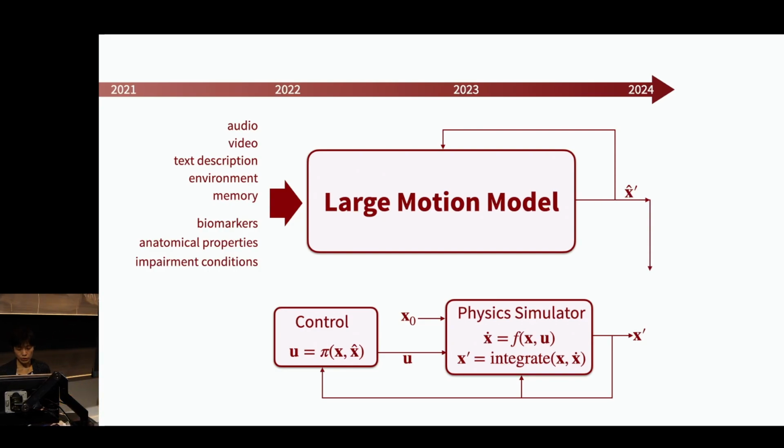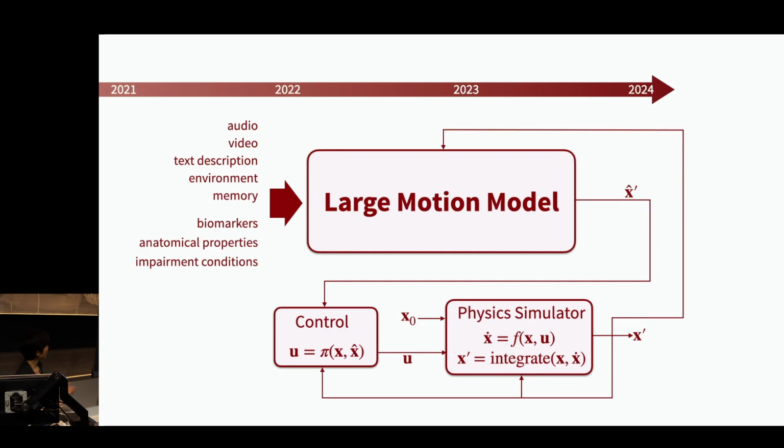One way we could do it is to treat this large motion model as a high-level policy, which outputs a suggested pose for the next frame, and then train a low-level control policy, maybe with reinforcement learning, to track that pose. Then, because RL can control a physics simulator, when there is a perturbation or physical event, the agent will respond to it.